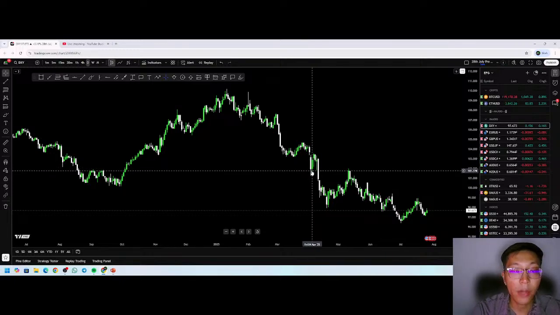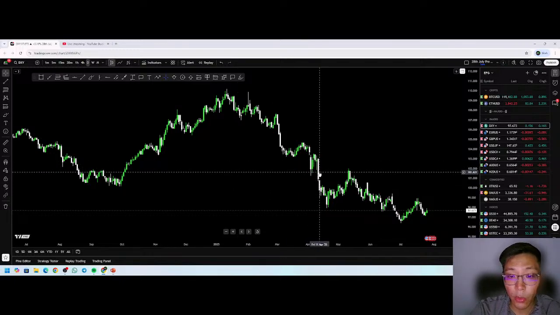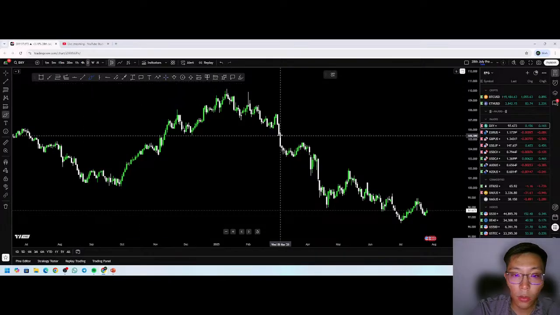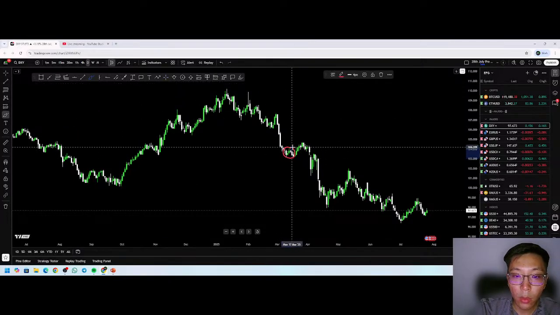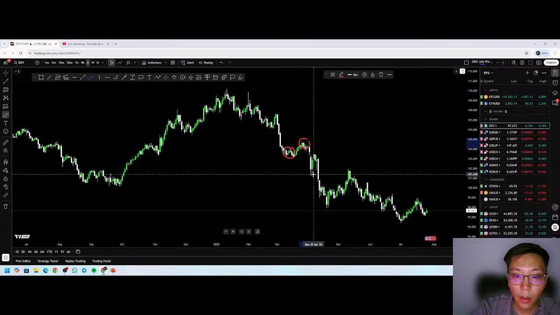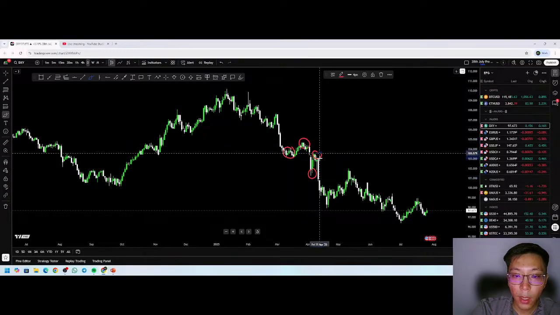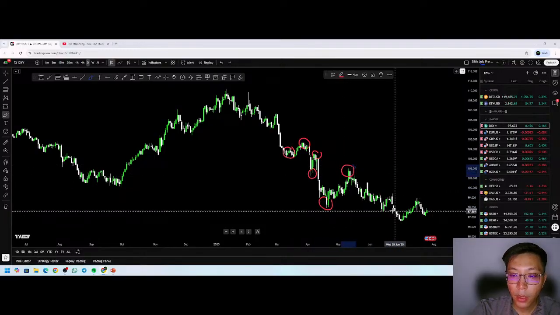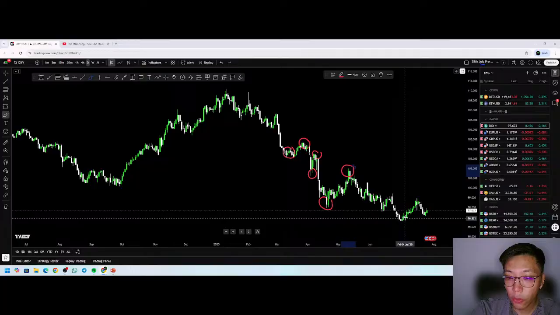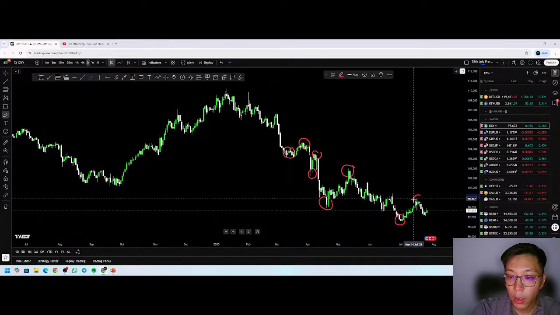The USD hasn't been doing well since April. It has been creating lower lows. This is the lower low, lower high, lower low, lower high, lower low, lower high. If you look at the bigger picture, it created a lower low and then a lower high.